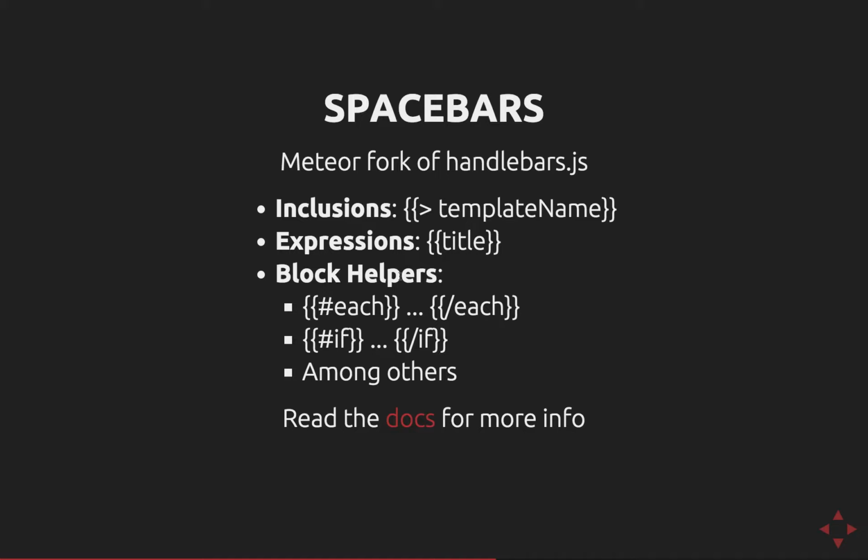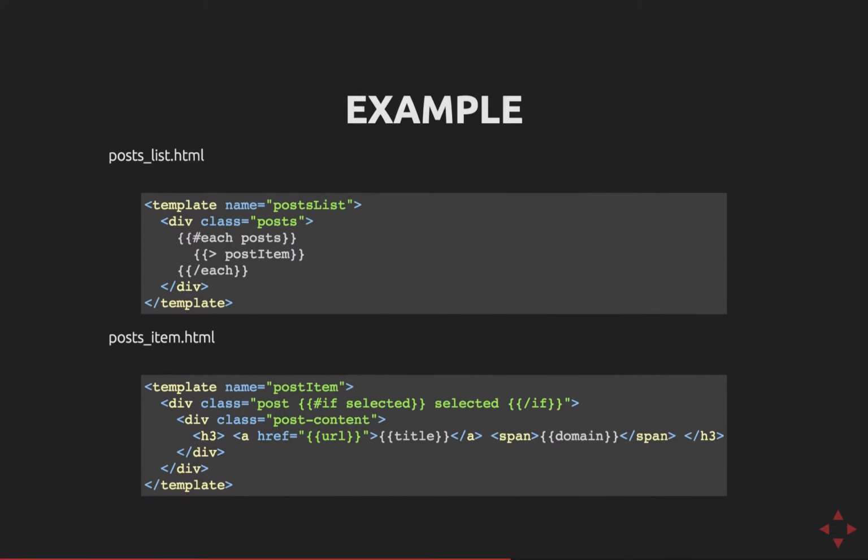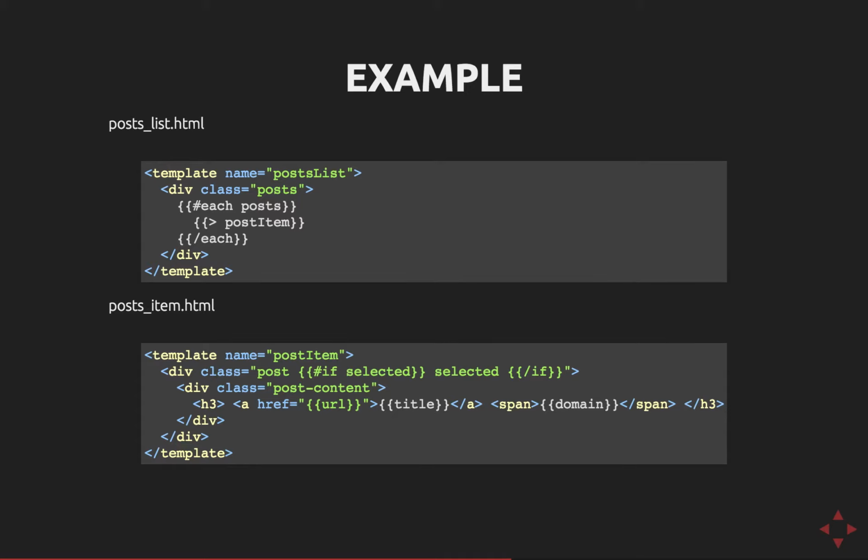And you can also do if and else if type stuff. And there are others. There are the Spacebars docs if you want more info. All right, code. In order to make a Blaze template, you just use the HTML template tag.